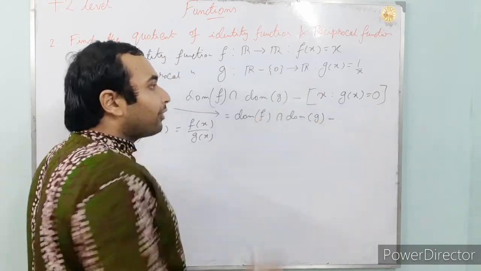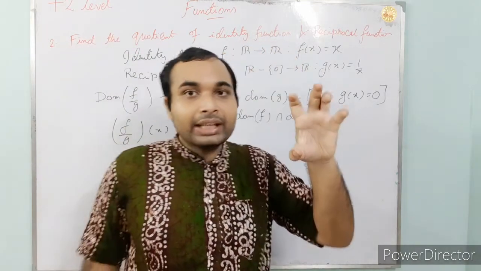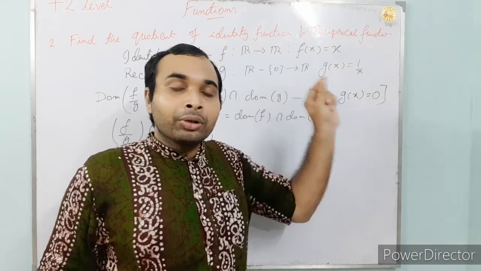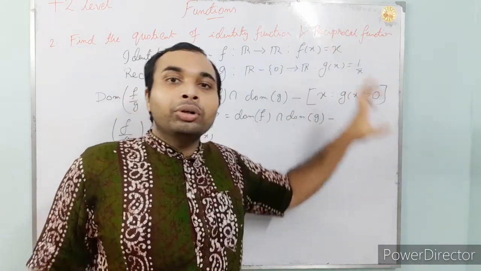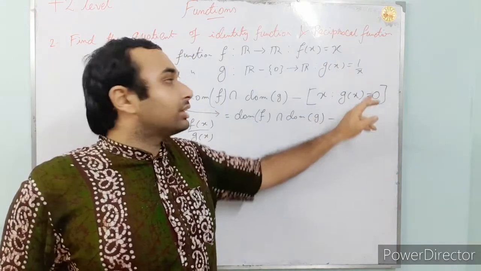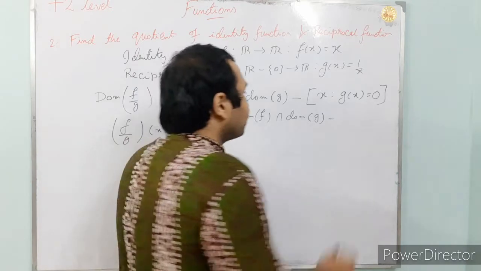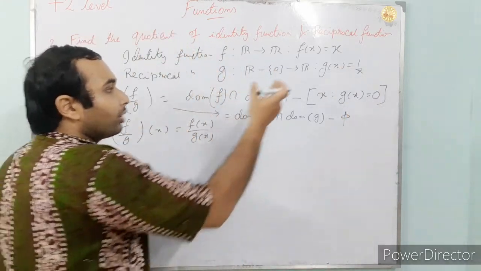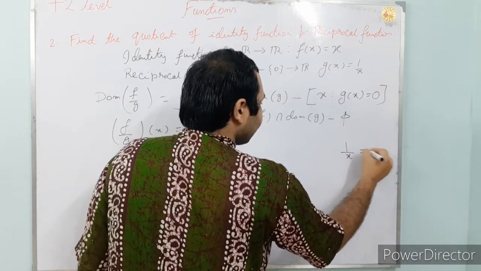Now what is the value of this one? That is, whichever x we get such that g(x) comes 0. No x is there, because g(x) equals 1 by x, and no x will give 1 by 0. So that's why this will be phi. g(x) cannot be 0. 1 by x cannot be 0.